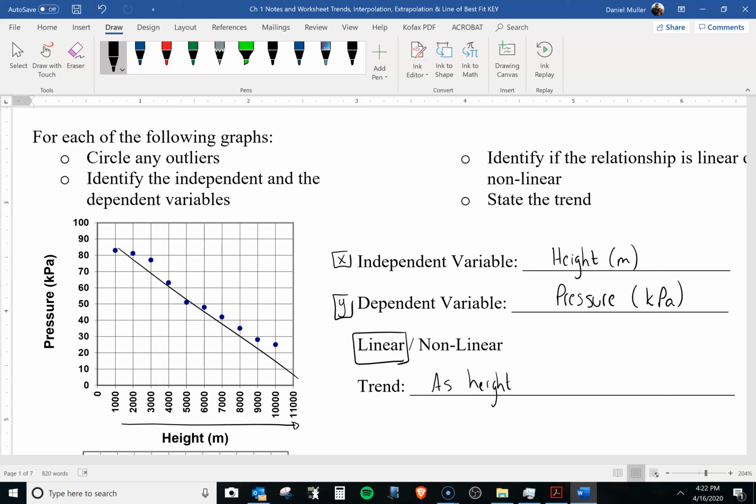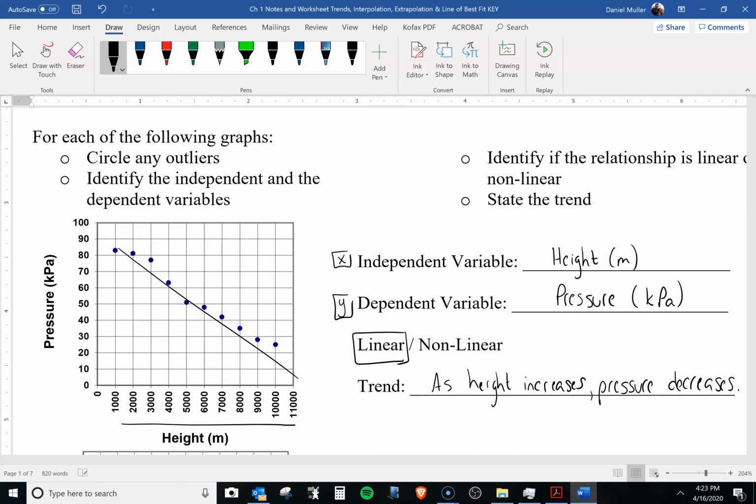So as the height increases, the pressure looks like it's also going up. 20, 30, 40, 50, 60, 70, 80, 90. Oh, sorry, the pressure starts up here and then it's down here. So the pressure is decreasing. So as the height increases, the pressure decreases.